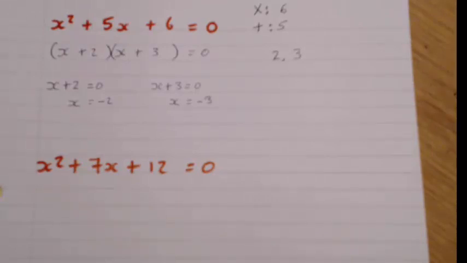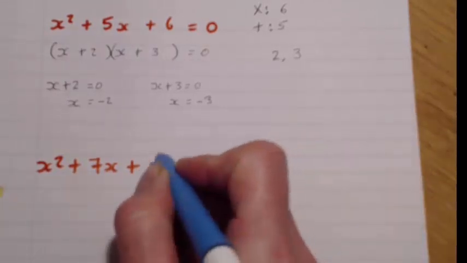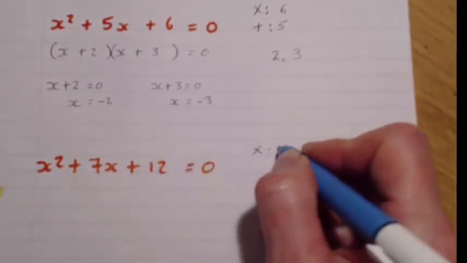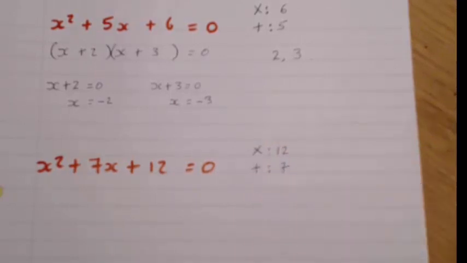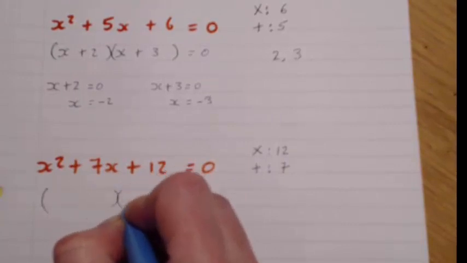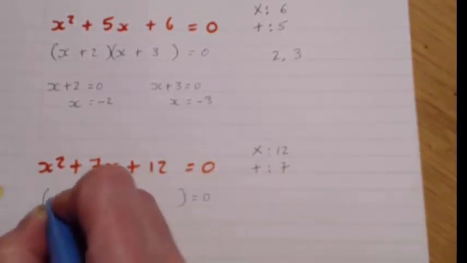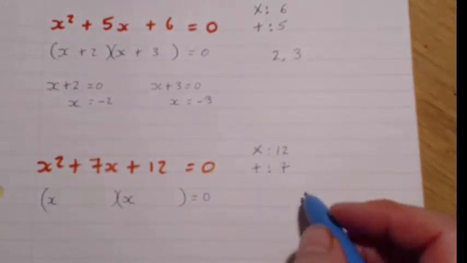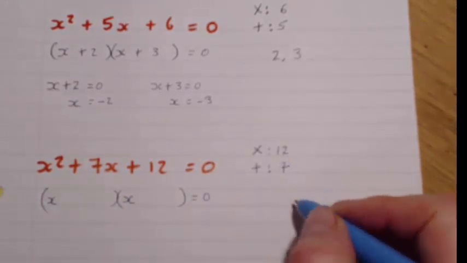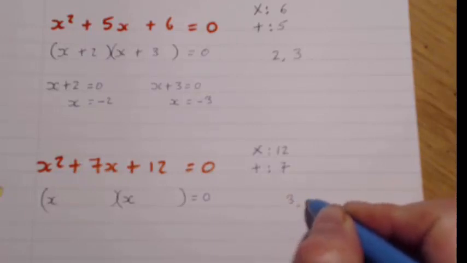Right, how about another one? So in this one, we need two numbers that multiply to 12, but add to 7. And we're going to need two sets of brackets, and we're going to put an x in each. And the two numbers that multiply to 12 and add to 7 are 3 and 4.